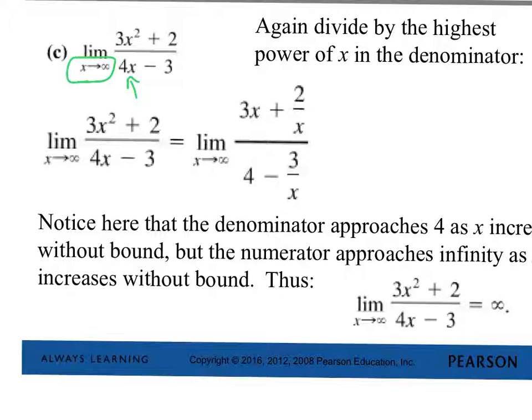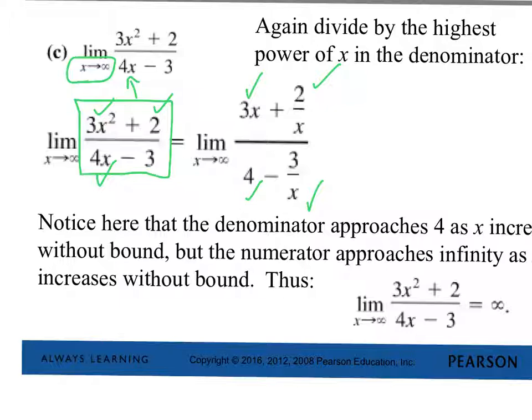So what we're going to do is take this function and transform it by dividing 3x squared by x, and we'll get 3x. And then we're going to divide 2 by x and get 2 over x. And then we're going to divide 4x by x and get just 4. And then we're going to divide 3 by x and get 3 over x.